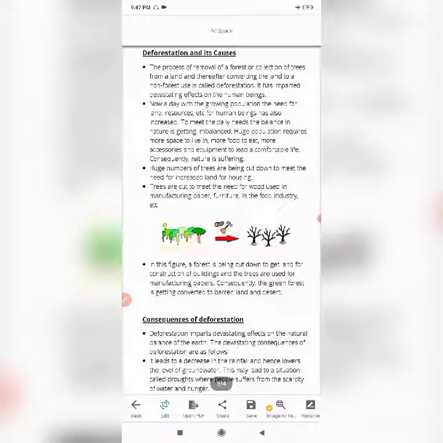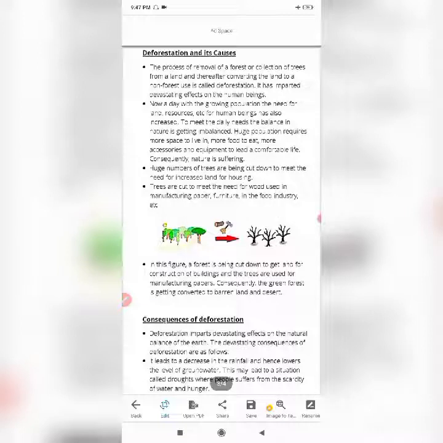Dear students, the plants are very useful to us. They produce a huge amount of oxygen for us, a huge amount of food for us, and a huge amount of wood for us, which is beneficial for us.